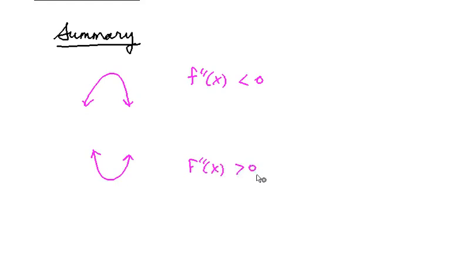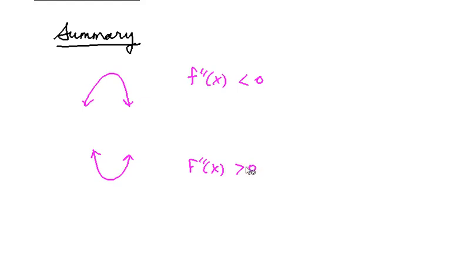Just to summarize what's happening: if a curve is concave down, then f double prime of x on that interval must be negative. If a curve is concave up, then f double prime of x on that interval must be positive.